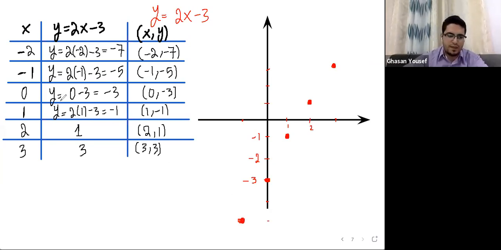Then you have to draw a smooth curve between these points. So the curve would be something like this. Here's the curve that passes through these points.